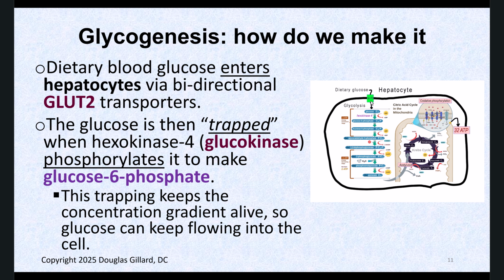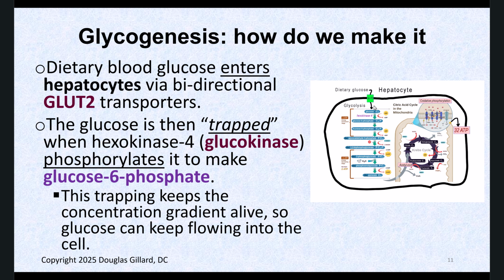GLUT2 takes glucose out of the blood, from capillary into interstitium, and now it goes in through the cell down its concentration gradient, because you've got lots of glucose out there and your cell has very little in here. It's starving for glucose, and therefore it just moves through the GLUT2 transporter inside the cell.